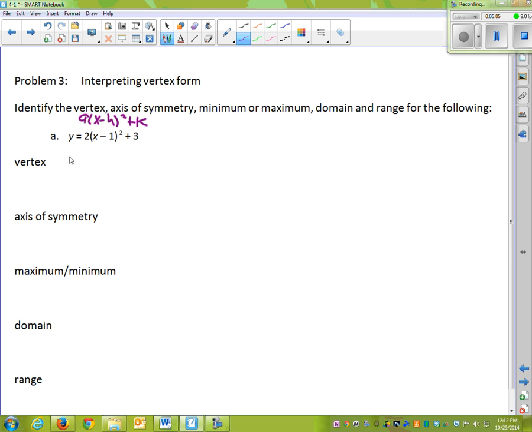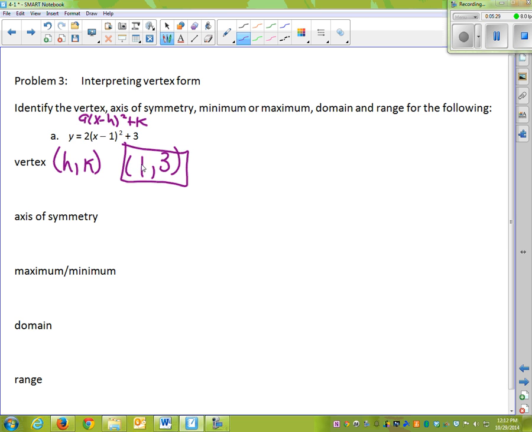So h and k were the vertex. Looking right at my graph, this is the opposite of h, so the opposite of -1 will be +1, and k is 3. So my vertex is 1, 3, opposite of what's inside with the outside value.